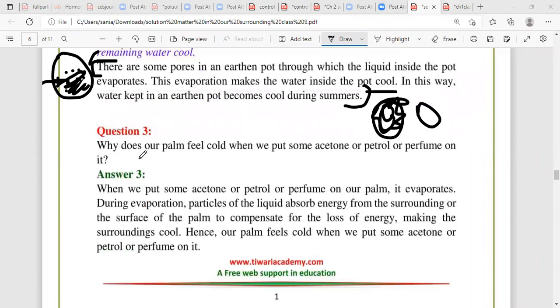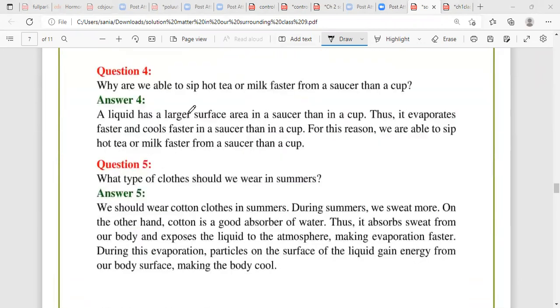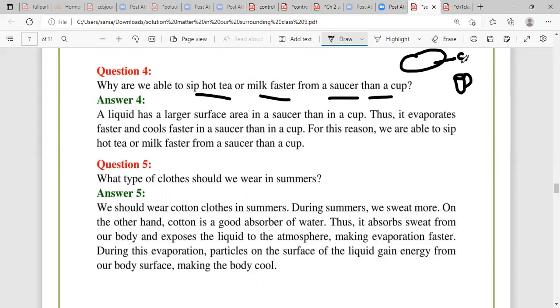Next question is, why does a palm feel cold when we put acetone and all that? We have already done this, so we will not do this. Okay. Next is, why are we able to sip hot tea or milk faster from a saucer than a cup? So saucer is basically like this and cup is like this. You can see the surface area is more in one and less in the other.